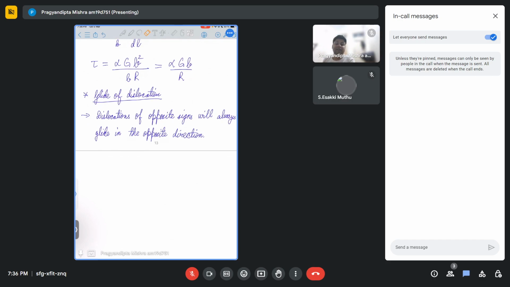And next thing that you have to remember is, for any given shear stress, slip will only take place in a particular direction.